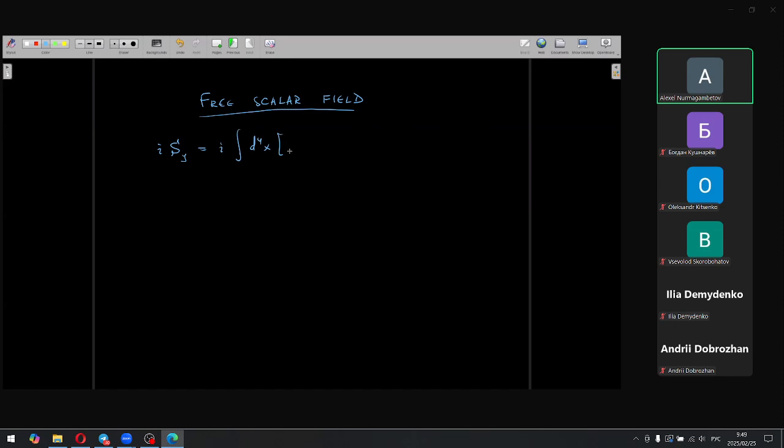We have to add here the Lagrangian density for free real scalar field. This Lagrangian density is half of the combination d mu phi d mu phi minus half of m squared phi squared, where m is the mass of our real scalar field, and plus source term J on phi.